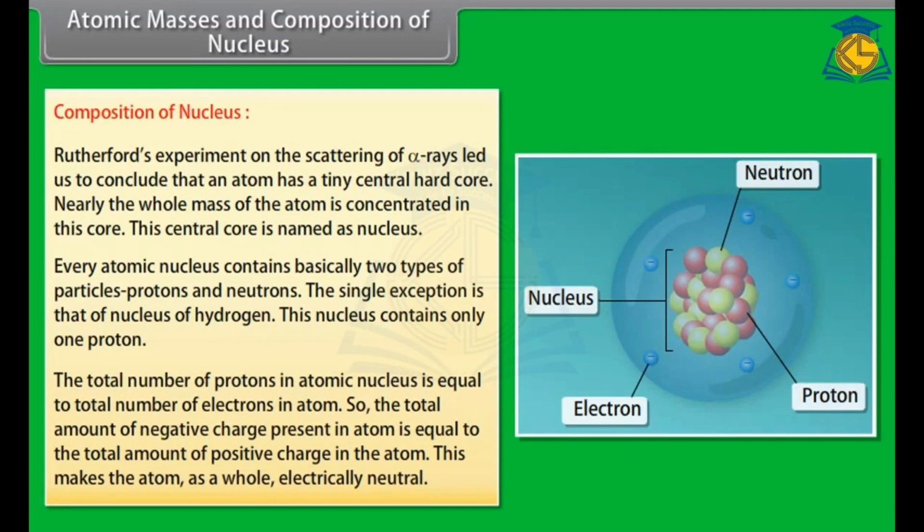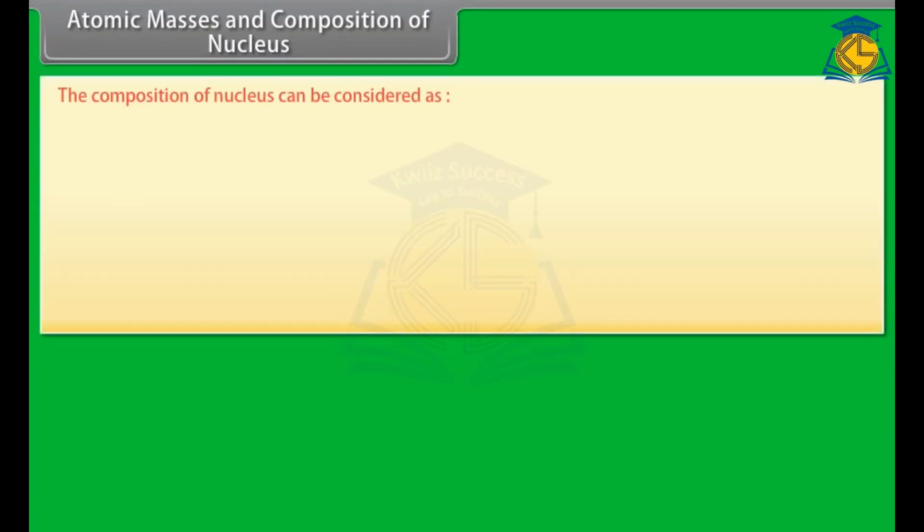The total number of protons in atomic nucleus is equal to total number of electrons in atom. So, the total amount of negative charge present in atom is equal to the total amount of positive charge in the atom. This makes the atom, as a whole, electrically neutral. The composition of nucleus can be considered as: let Z be atomic number, which is equal to number of protons.